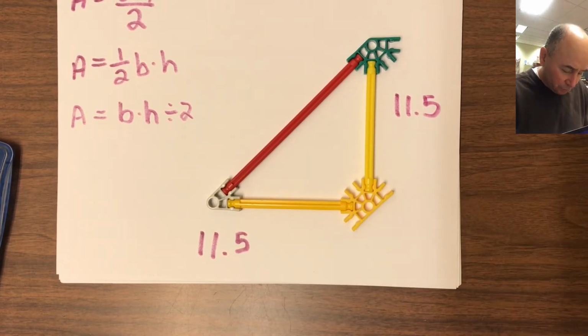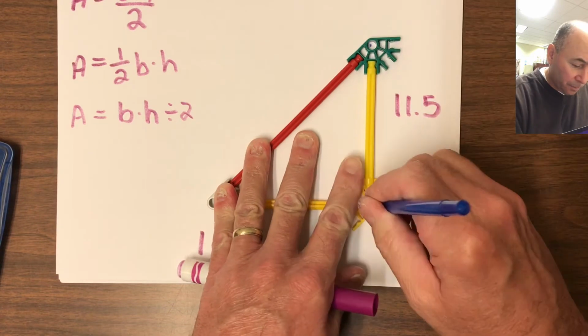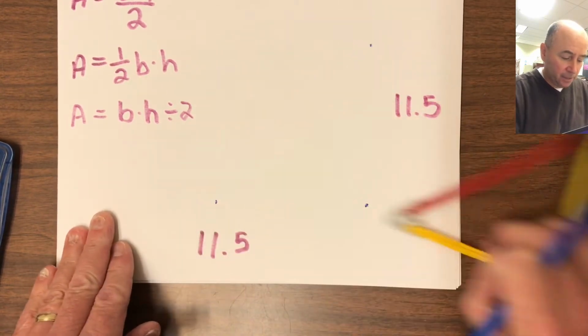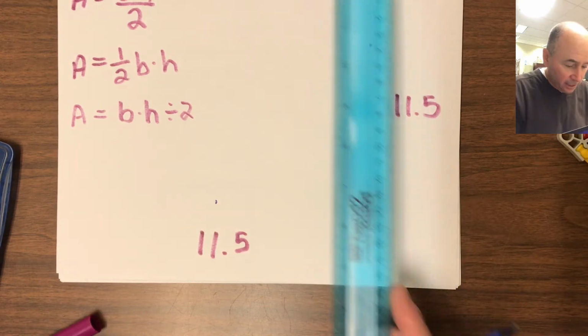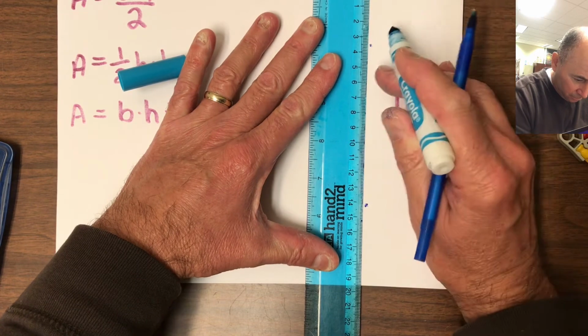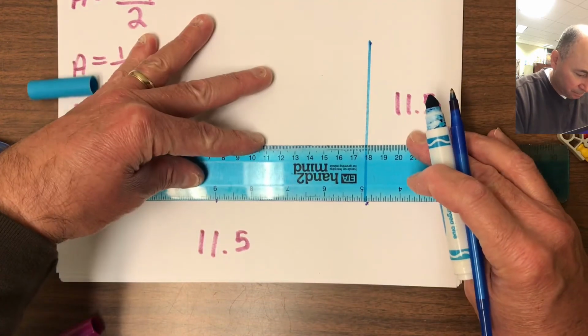But let's pretend that somebody decides they're going to use the inside of the circle method. What they do is they draw the right triangle from vertex to vertex.